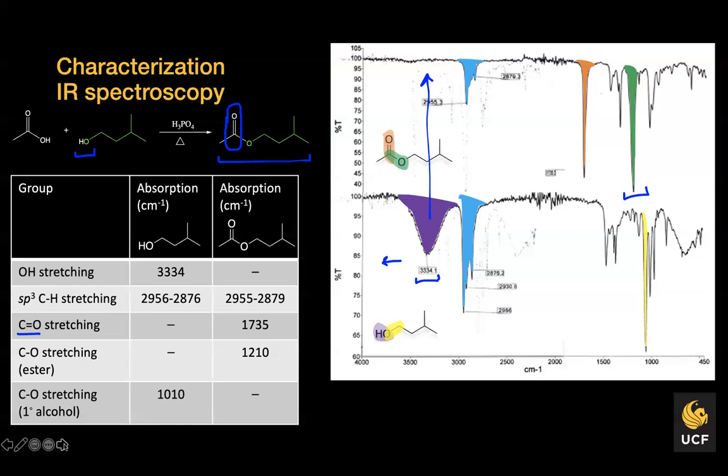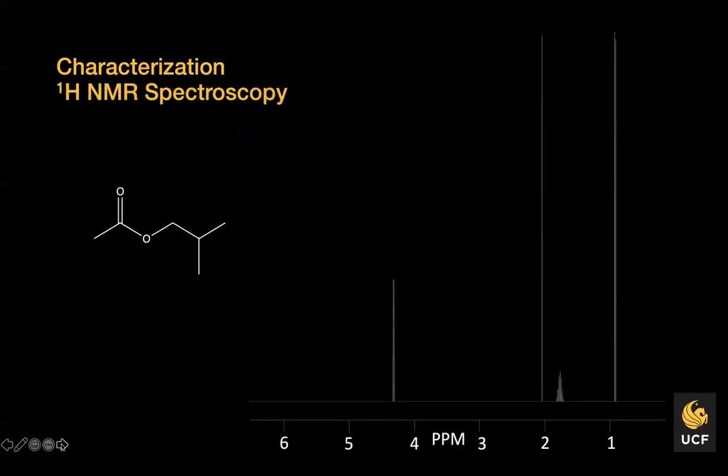Okay, so another way we could characterize the product is by means of NMR spectroscopy, or proton NMR in this case. 1D proton NMR. Okay, so you look at an NMR spectrum, or you're given a molecule and you're trying to decide, where do you start?